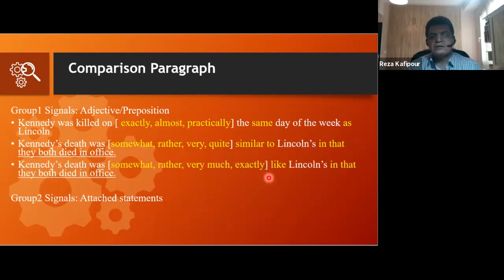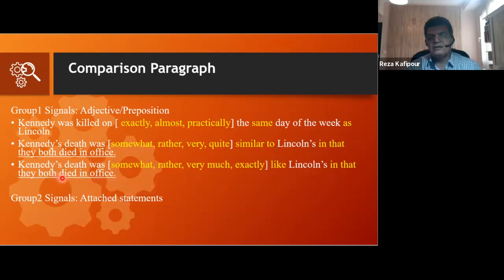And another structure using adjective and preposition is like in that. So up to now, same as, similar to in that, and like in that. The previous sentence can be rewritten by using like instead of similar to, and no other differences will happen. So Kennedy's death was somewhat like Lincoln's in that they both died in office.